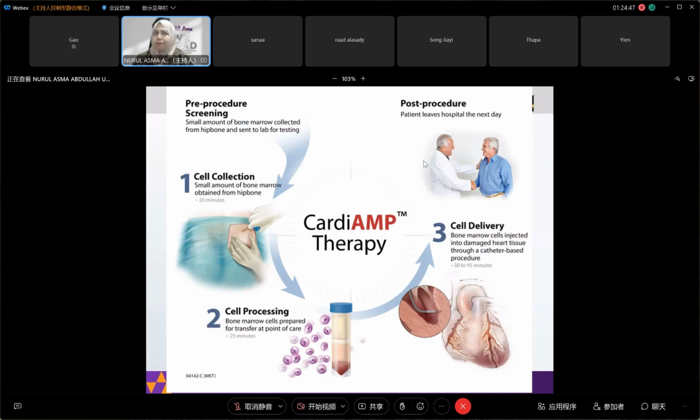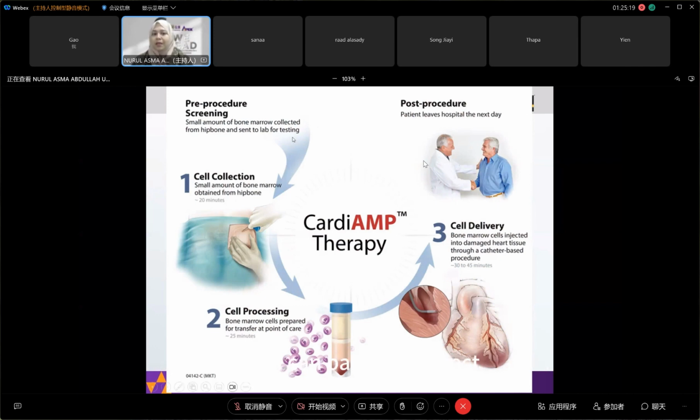Sometimes when the patient has heart disease, a heart problem, and has infarction, where some parts of the heart, the tissue, have already died due to infarction, one of the alternatives is to induce the regeneration or repair of the site with stem cells.